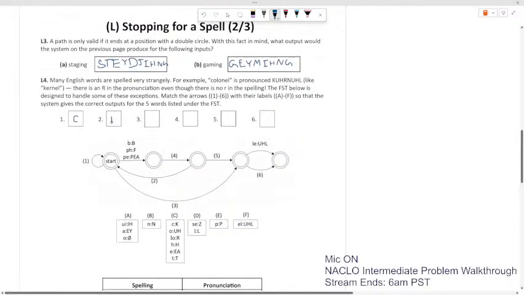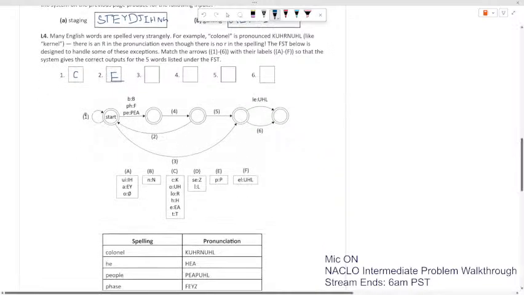So I think E comes after because the P sound is here, because it was people. And then O is at the end right here. Kernel.